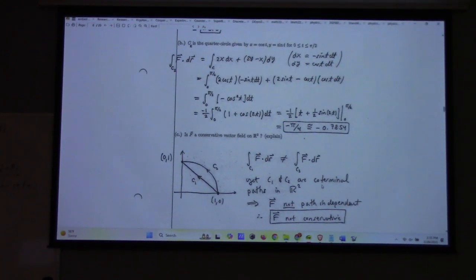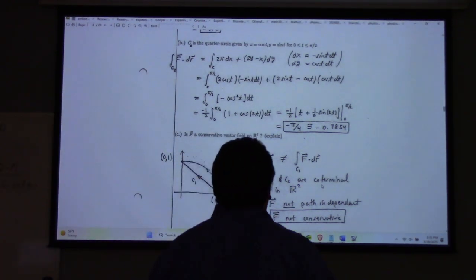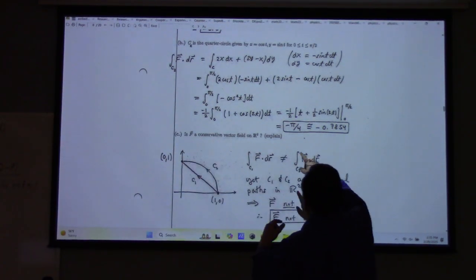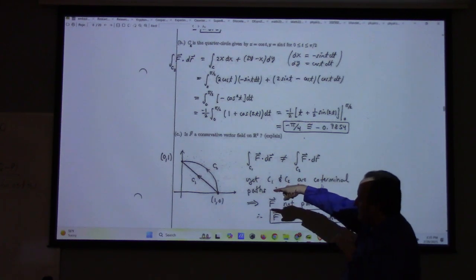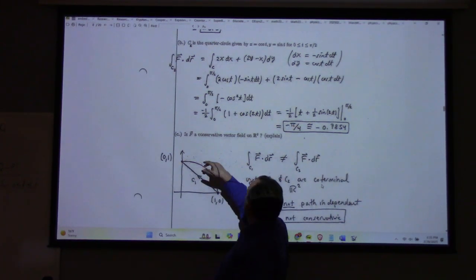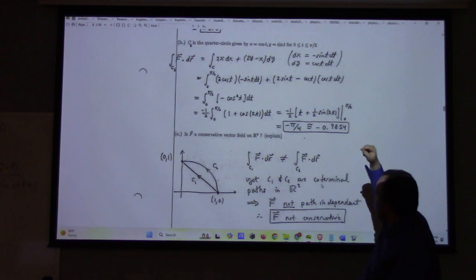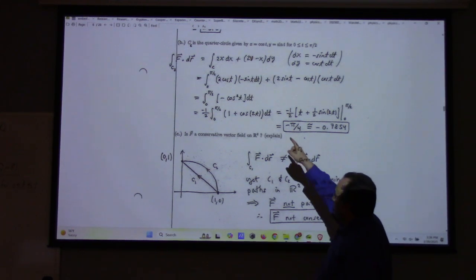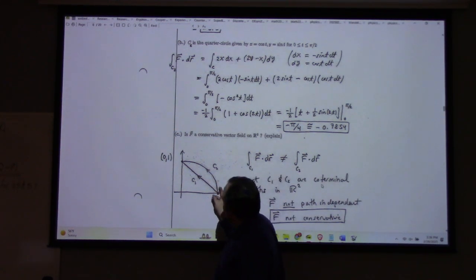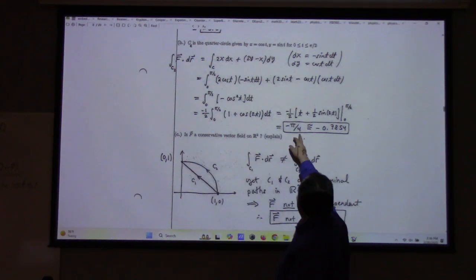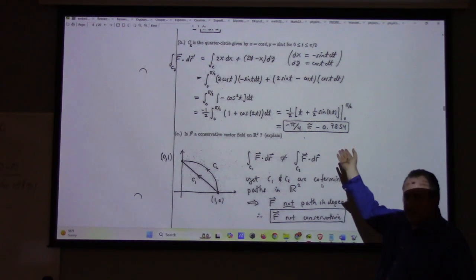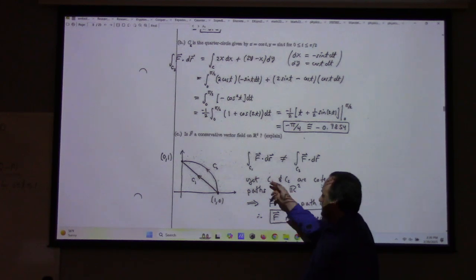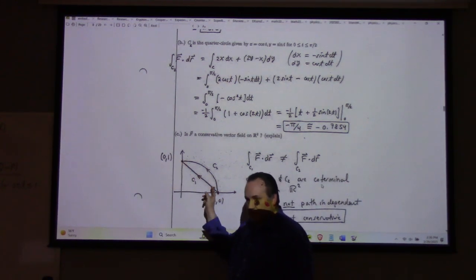Let me go on here. So the point of this problem was if we calculate the work along the straight line from this point to this point, I got, I think, minus 0.5 up there. But if I work out the work done on the quarter circle, we get minus pi over 4. These are, of course, not equal, which illustrates the fact that this force is not path independent.